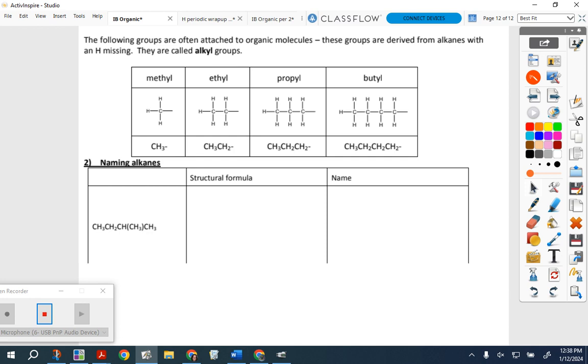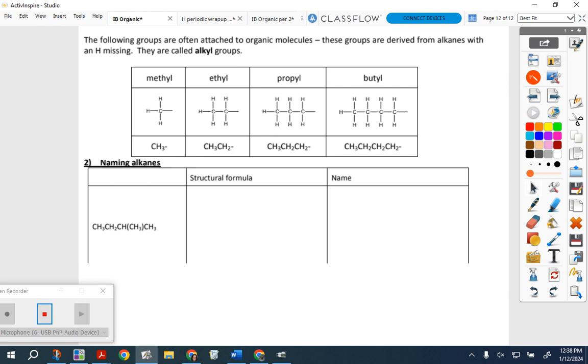If I'm going to attach just one carbon as a branch off somewhere on the chain, I'm going to call it a methyl group. If I've got 2 carbons in my branch, it's an ethyl group. 3 carbons propyl, 4 carbons butyl, etc. You're not going to have to go above 6 for any of this.